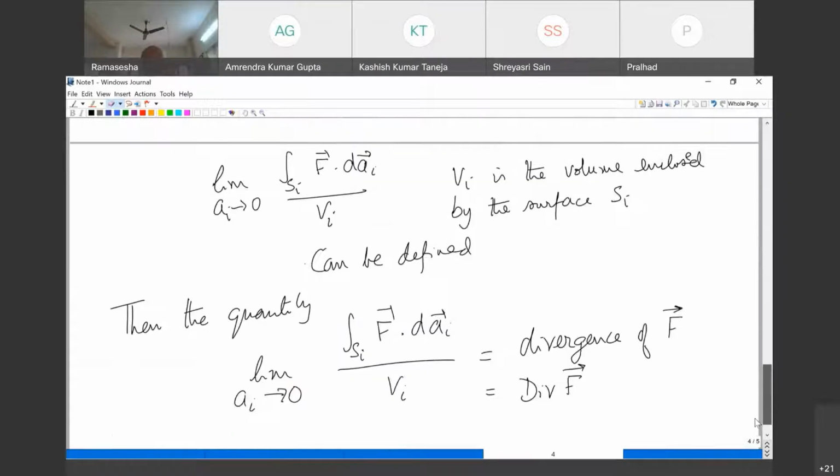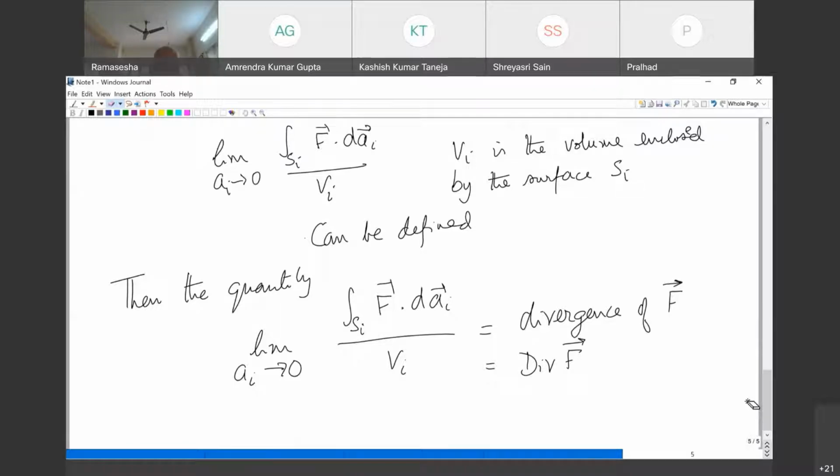That I kept subdividing. And when I kept subdividing it, I got, for a really teeny weeny volume inside my greater surface area, a flow, and that flow I divided by the volume enclosed by the surface, because it's a closed surface, so there's a volume associated with that. So I'm looking at how much is entering that volume and how much is leaving out of that volume.